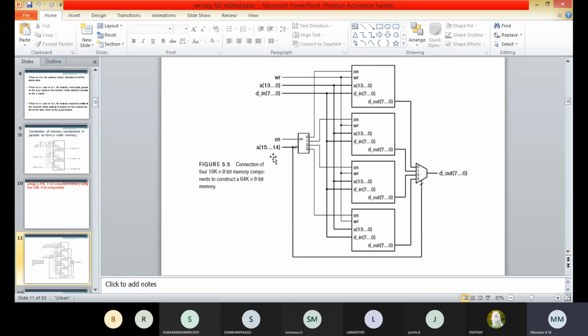Here the address bits 15 and 14 are decoded to select which of the 4 memory components is enabled for read and write operations.